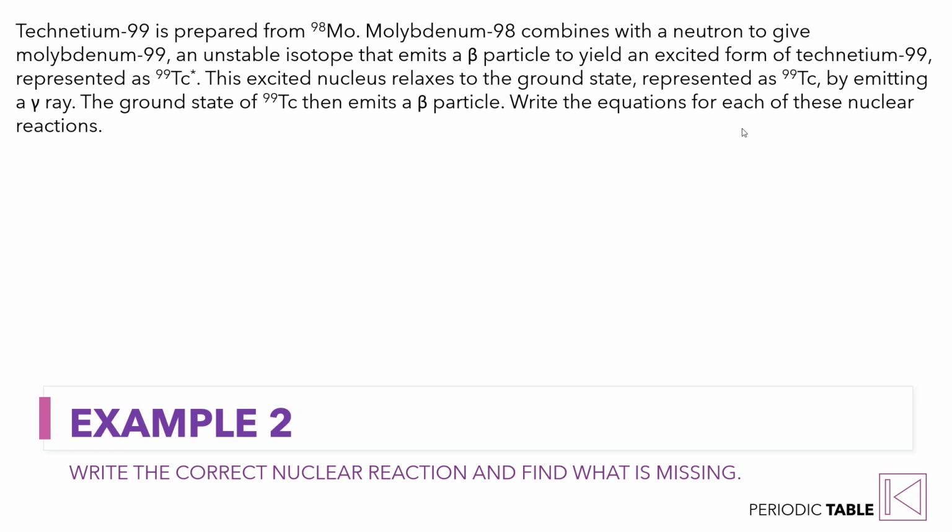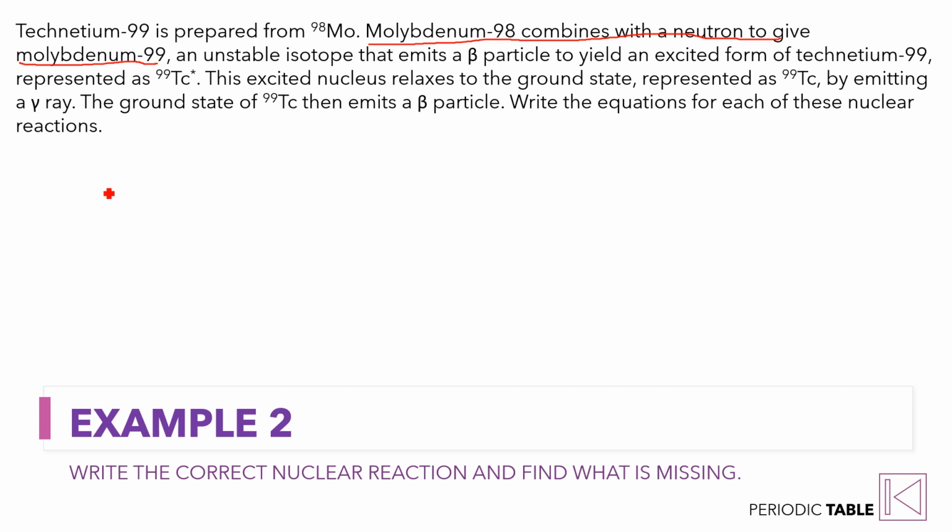So, ang dami natin dito process. So, may tayong 1. Here, molybdenum combines with a neutron to give a molybdenum 99. So, let's do it one by one. So, the nuclear reaction on the first one is molybdenum 98 combines with a neutron.